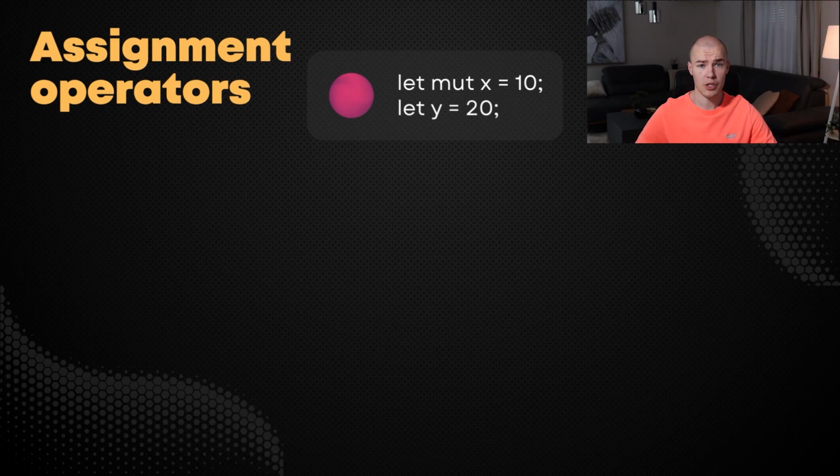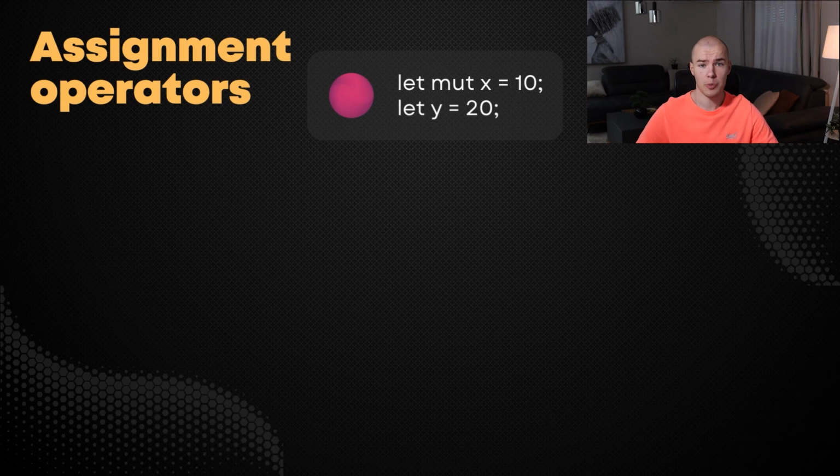Okay, we have a ton of stuff to cover today, and waiting isn't going to help us in any way possible. So let's get right into some examples, because I feel like that's the best way to actually understand each of the operators we are going to talk about today. So the first thing that we need to do is to actually create a couple of variables that we are going to be working with.